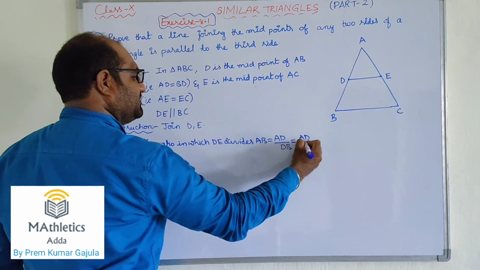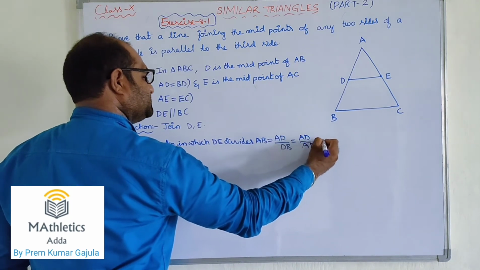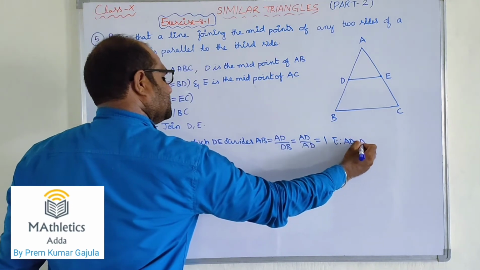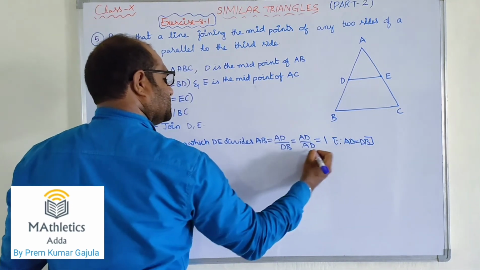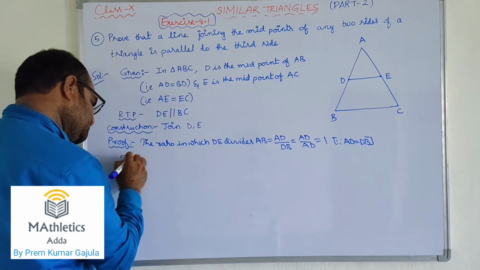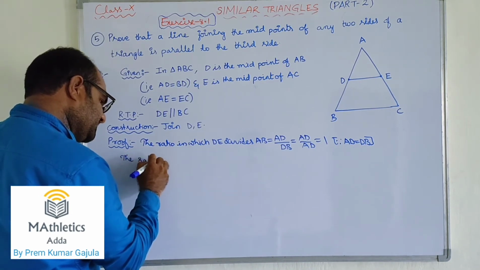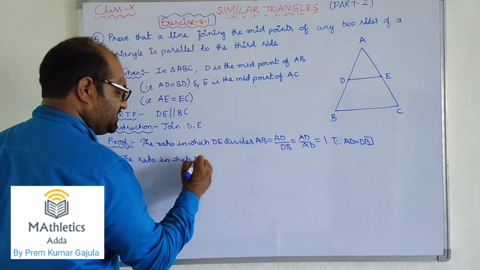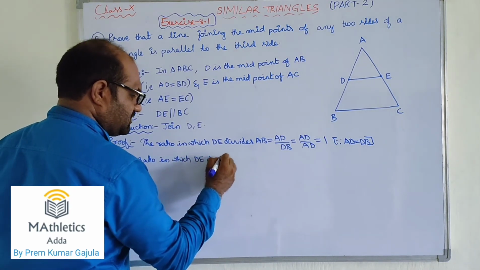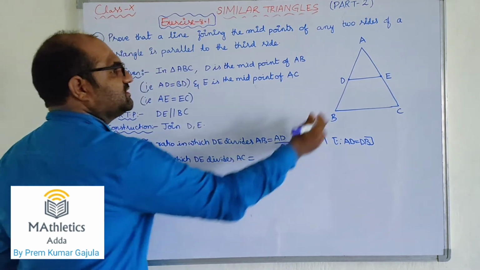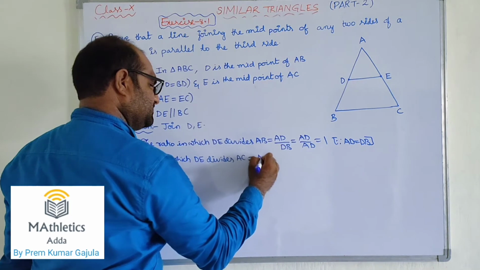So we can write AD by AD, that is equal to 1. Why? Because AD is equal to DB. Okay. Next. Similarly, the ratio in which DE divides AC is equal to AE by EC.